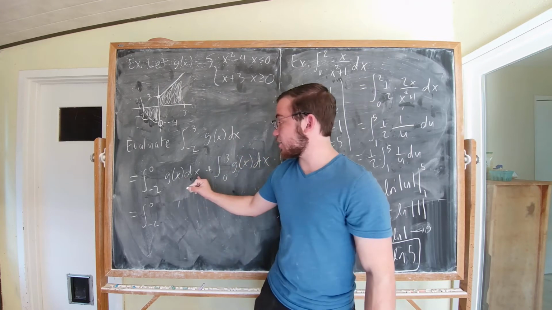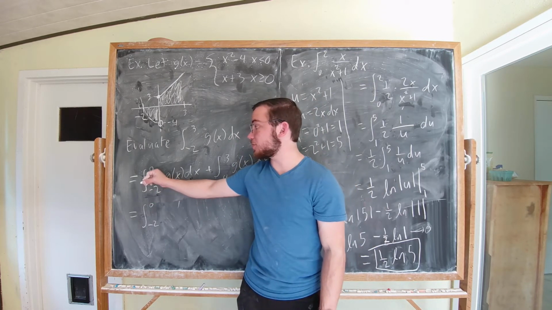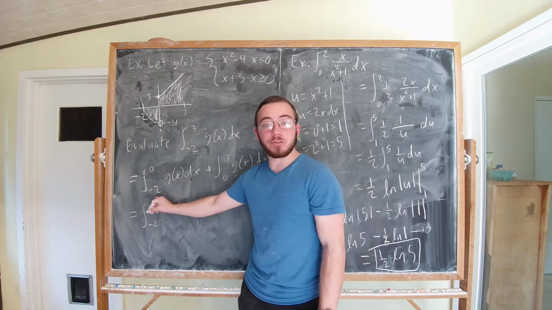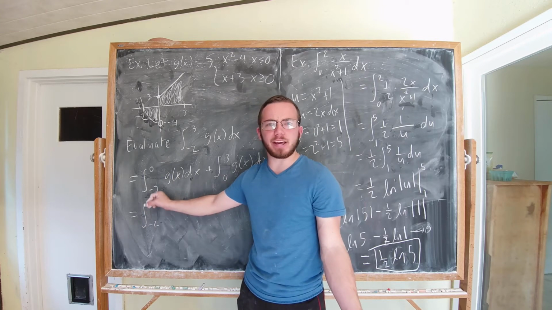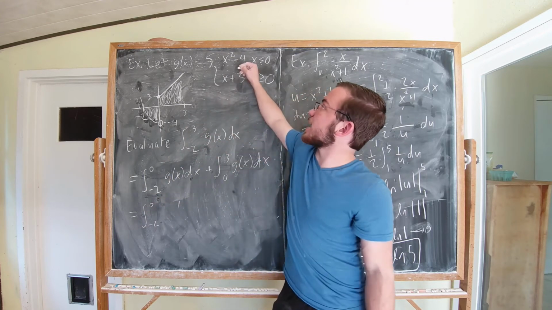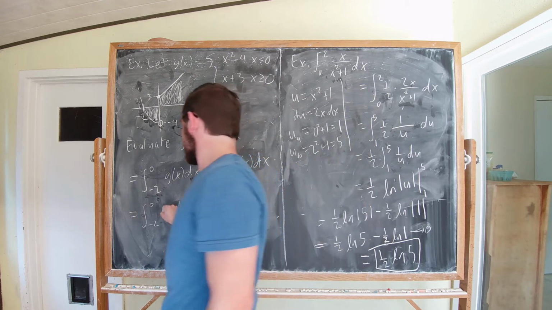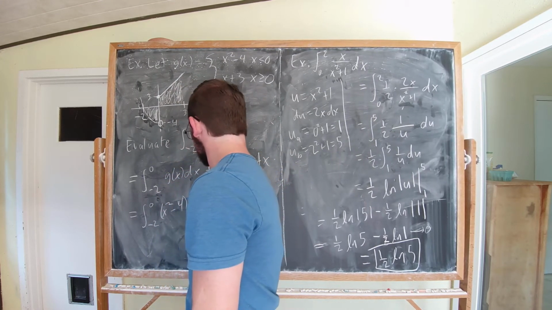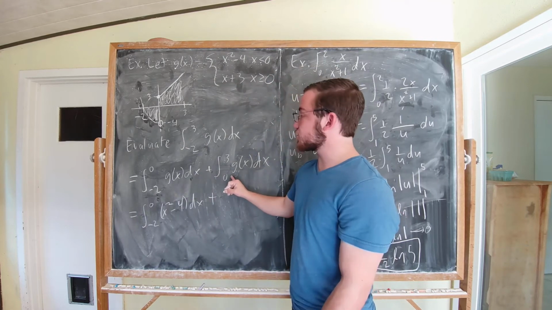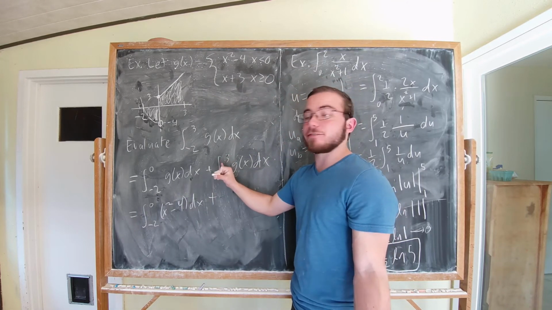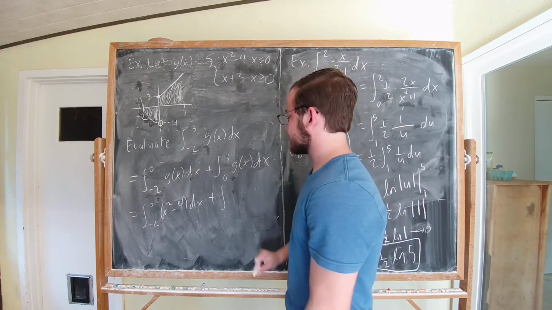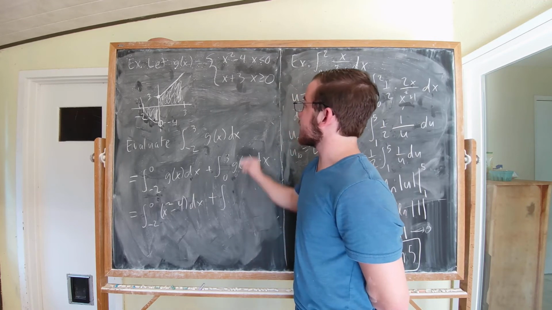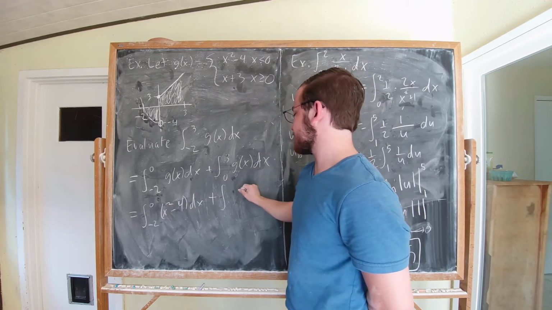Because this is the integral as x runs from negative 2 to 0, and when x is below 0, which it is as it runs from negative 2 to 0, g of x looks like x squared minus 4. And as x runs from 0 to 3, positive x values, g of x looks like x plus 3.